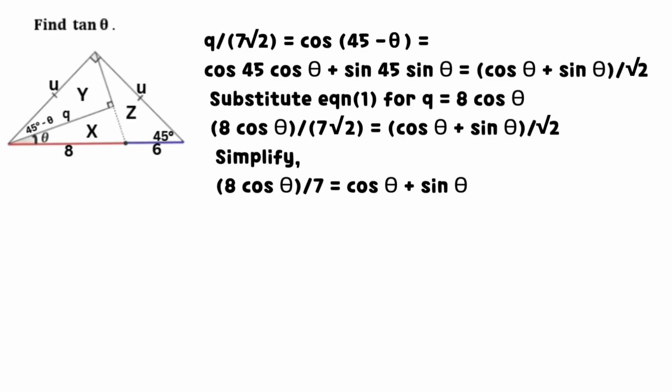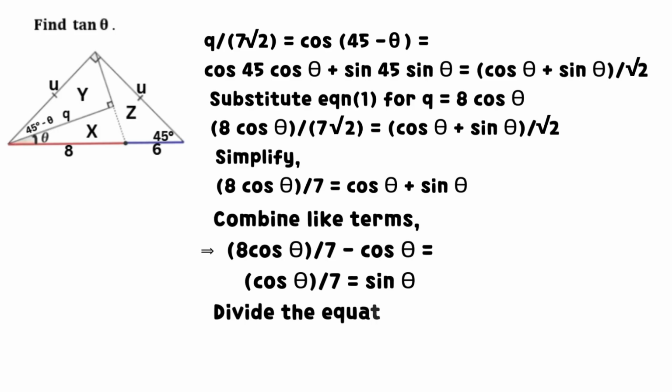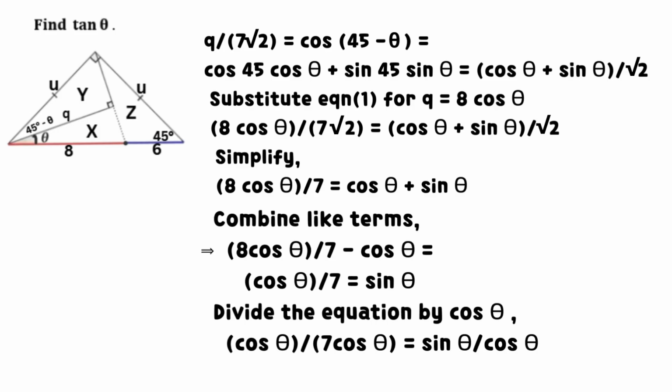Combine like terms. This implies that 8 times cosine theta, all divided by 7, minus cosine theta equals cosine theta divided by 7, which equals sine theta. Divide the equation by cosine theta. Cosine theta divided by 7 times cosine theta equals sine theta divided by cosine theta.